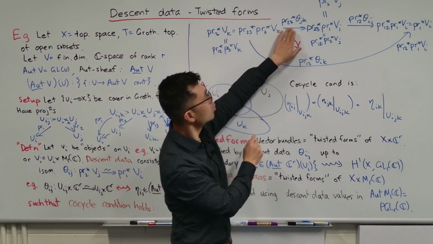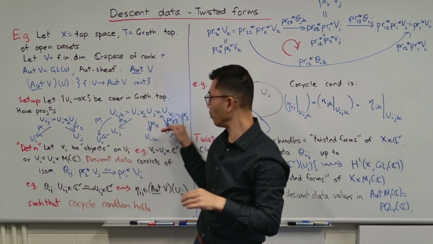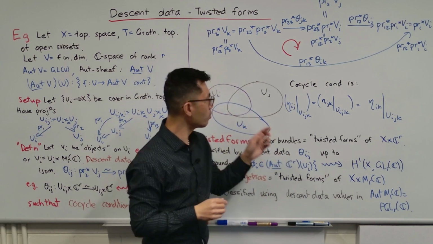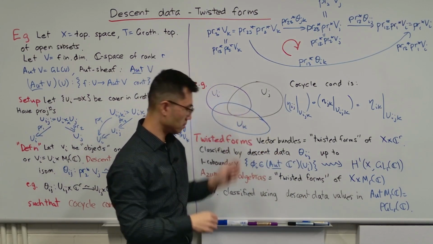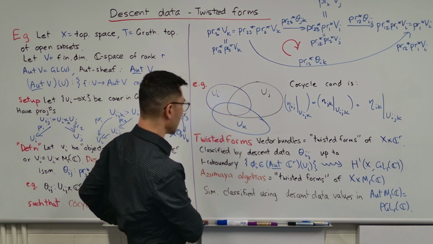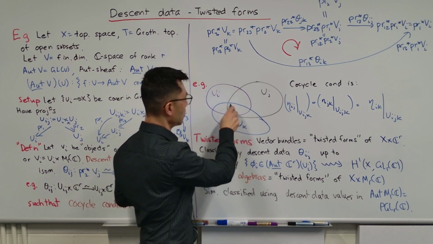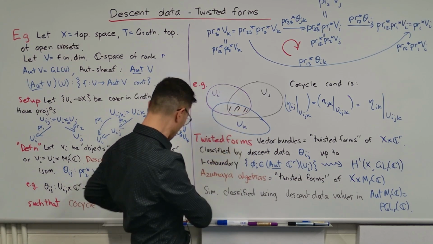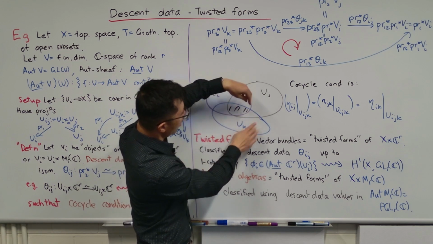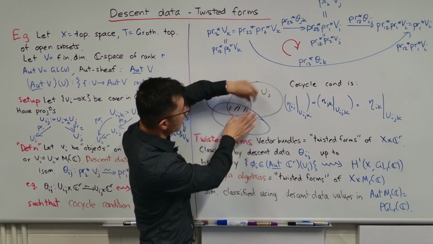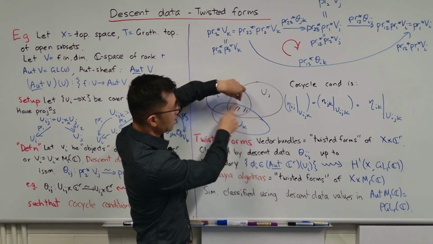So what does the projection 2,3 upper star do? Remember, you pull it back up to the triple product. So the triple product here is a triple intersection. So you're now really looking at the triple intersection here. Okay, so you have that gluing, which was initially on the intersection of Uk with Uj, now you restrict it to this bit here.